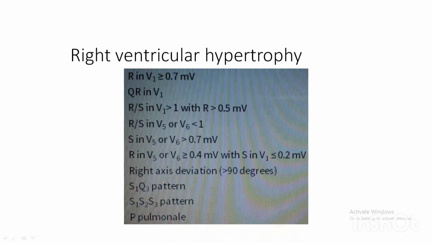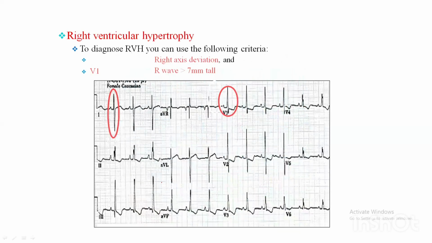Now, right ventricular hypertrophy, I told you, is just the opposite. In right ventricular hypertrophy, there will be a tall R wave in V1 and deep S wave in V5, V6. To diagnose right ventricular hypertrophy, you can use the following criteria. One is right axis deviation, and in V1 the R wave will be more than 7 millimeter tall.